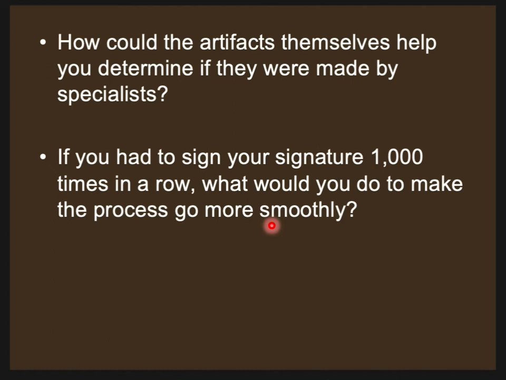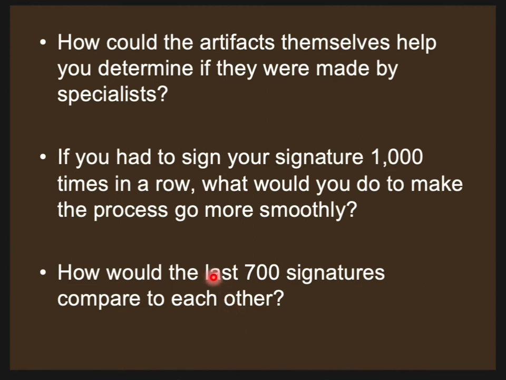Not because you want people to be able to authenticate it, but because it would take you less time if you did it the exact same way each and every time. If you were varying it up, then it's taking you more time and you're never going to get through that line of people. So if you did this on your own, a lot of those signatures would be pretty consistent with each other, and they would resemble each other very closely, versus, let's say, if you had different people signing the same name.